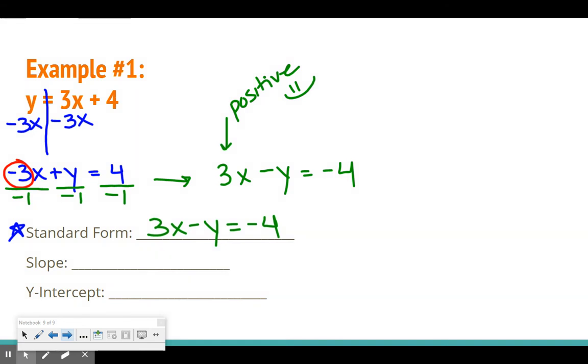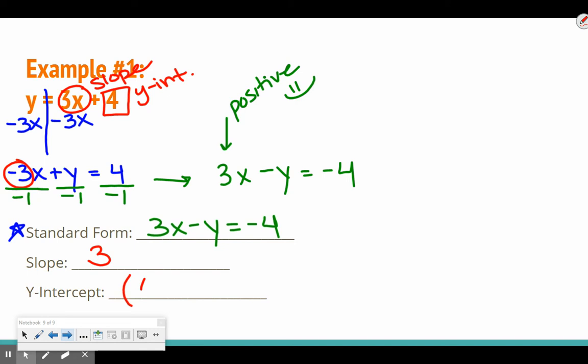When you're determining what the slope and the y-intercept are, it's easiest if you go back to the original slope-intercept form. Okay, because we're used to identifying slope there. So our slope would be positive 3. Okay, then I would go back again and look for the y-intercept.